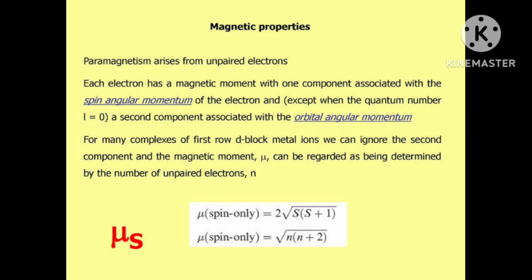The d orbitals in an isolated gaseous metal atom or ion have the same energy. Same energy means they are degenerate. This point is important.